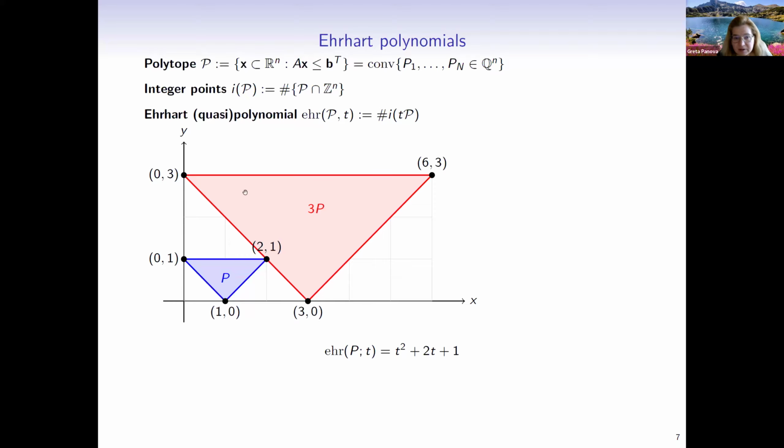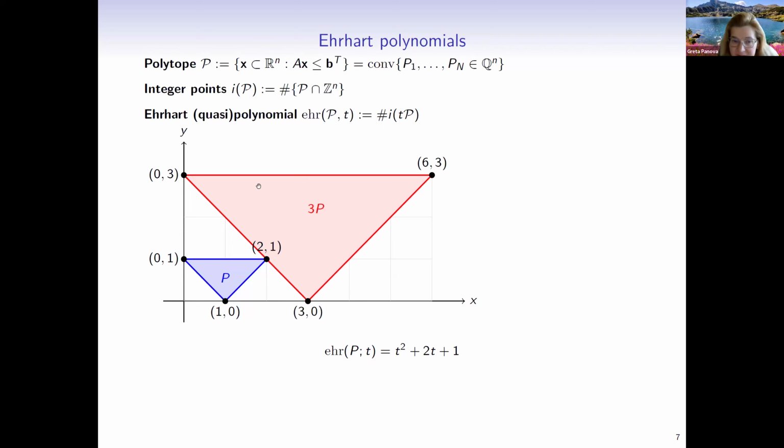We count the number of integer points in that dilation by 3. If you do this for an arbitrary integer t and count the number of integer points, it turns out that if your vertices are integral, not just rational, then you actually get a polynomial in t, and this is what's called the Ehrhart polynomial.